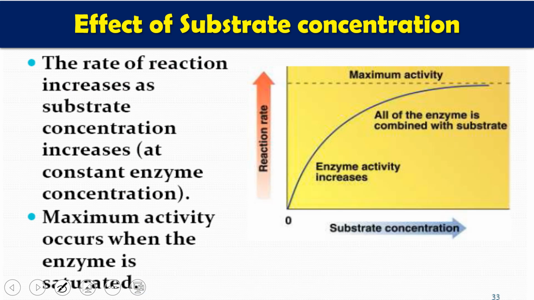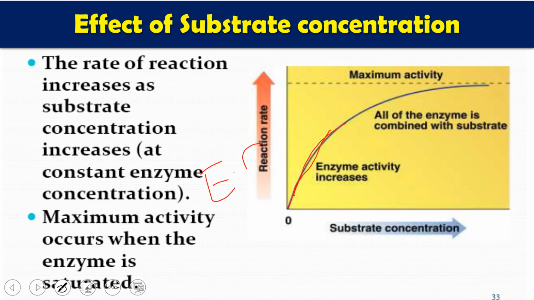Next, the effect where we talk about substrate concentration. Suppose you increase the substrate concentration but the enzymes are in limited amount, so the binding sites are limited. In the initial phase, while the enzyme's active sites are free, if you increase the substrate concentration, it will bind to the enzyme and the rate of reaction will increase.